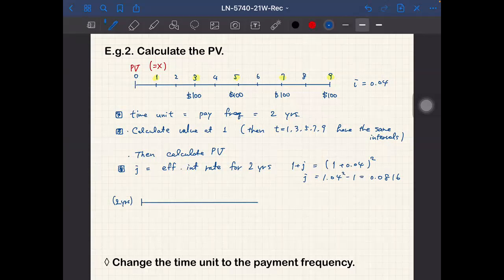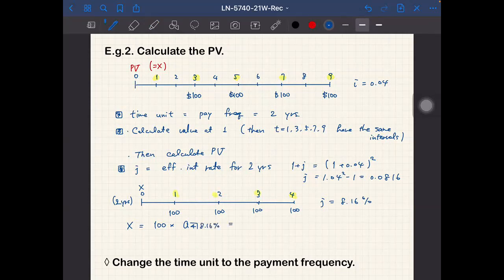Now we can prepare the time diagram, with the unit as 2 years. We have X here, then 0, 1, 2, 3, 4. And we have payments of 100 here, 100 here, 100 here, 100 here, and j is equal to 8.16%. So X is equal to 100 times a-angle-4, because we have 4 payments, at 8.16%.